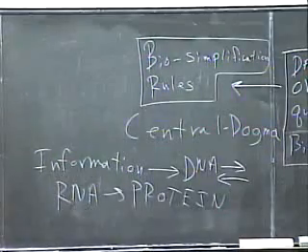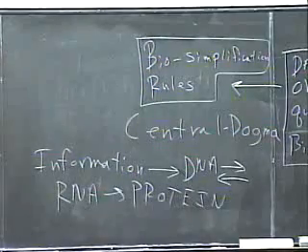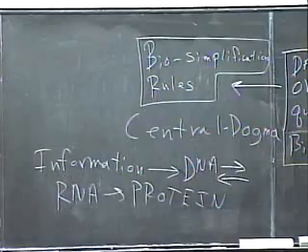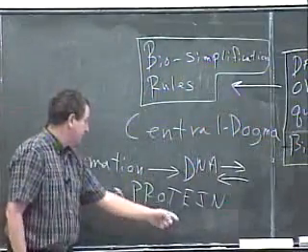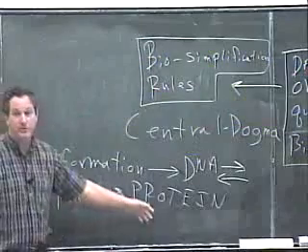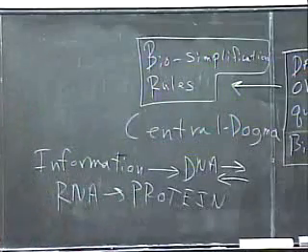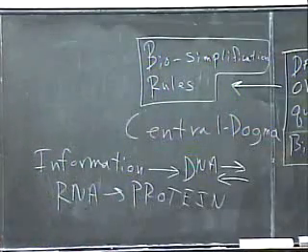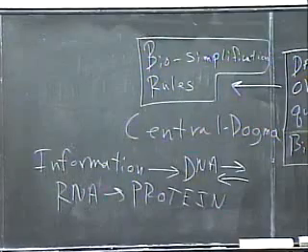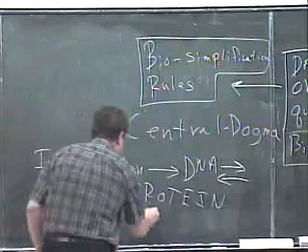Protein to RNA or protein to DNA? I think that's still pretty stable. However, there is information flow from protein to protein, or at least believed to be. A Nobel Prize was given for that. Anybody know what that's called? Prions.